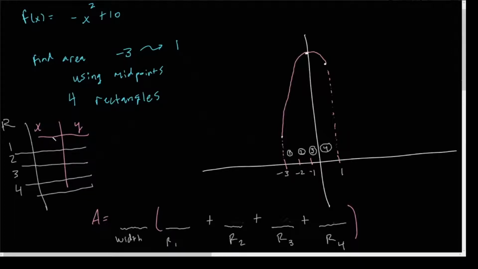So, negative 1 squared plus 10. Okay, so wait. Sorry. For the rectangles, the x values should be negative 2.5, negative 1.5, negative 0.5, and 0.5. So I'm going to use my calculator here.